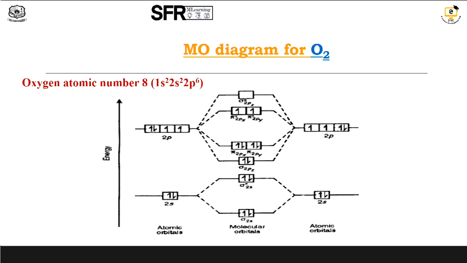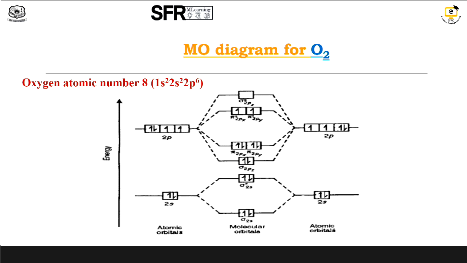Here we consider the combination of 2s and 2p atomic orbitals. The 2s orbital has 2 electrons, whereas the 2p orbital has 4 electrons. Similarly, the other oxygen atom carries 2s and 2p orbitals. First, the 2s orbital of one oxygen atom combines with the 2s orbital of the other to form 2 molecular orbitals, sigma 2s and sigma star 2s.